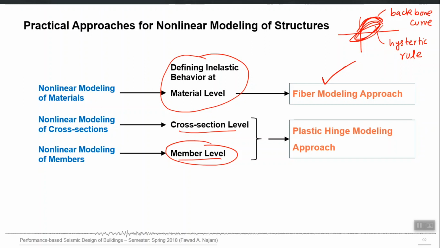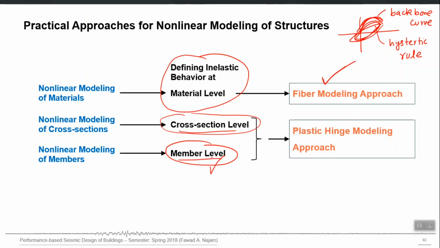And the second approach is the plastic hinge approach, in which we will directly lump the inelastic action at member level, right? So we will not discuss much about cross section level, directly at member level.